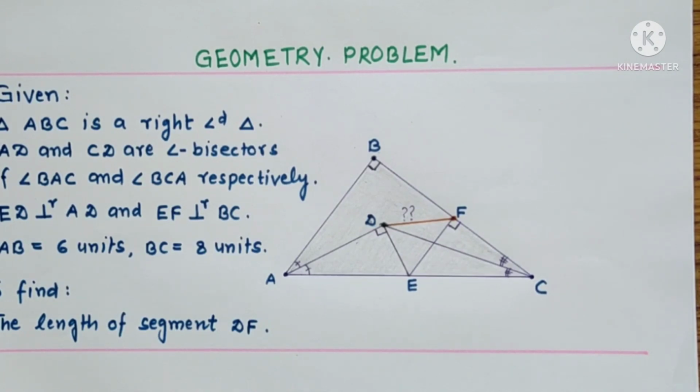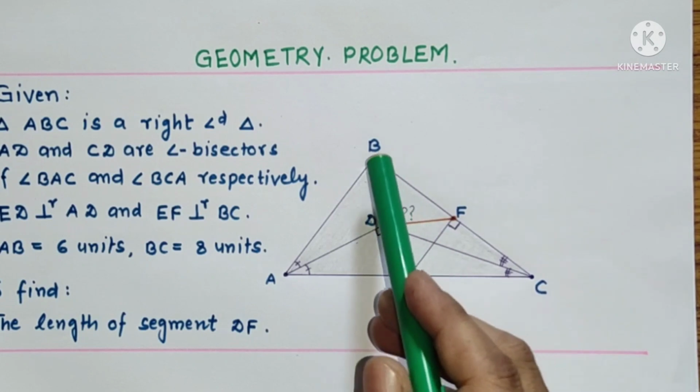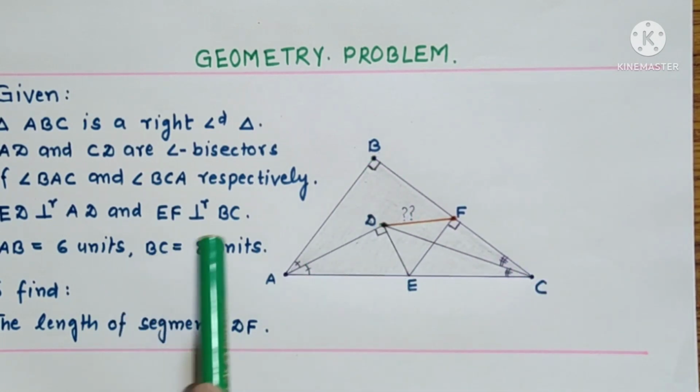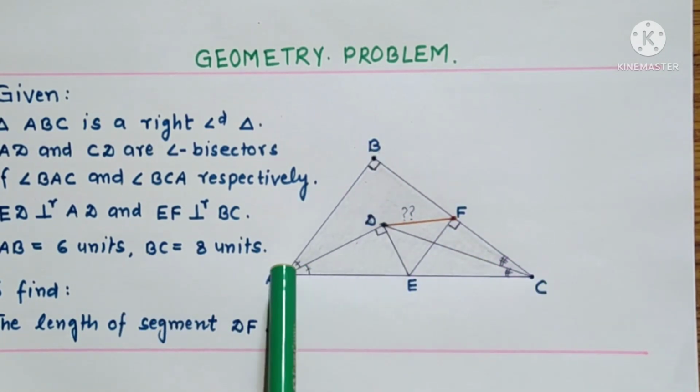This time we will discuss a very nice geometry problem without using trigonometry. In this problem we are given a triangle ABC which is right angled at B. AD and CD are angle bisectors of angle BAC and angle BCA.